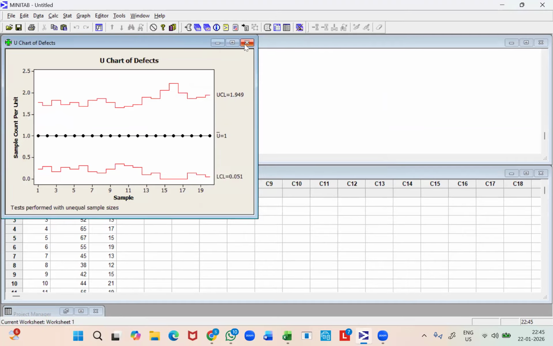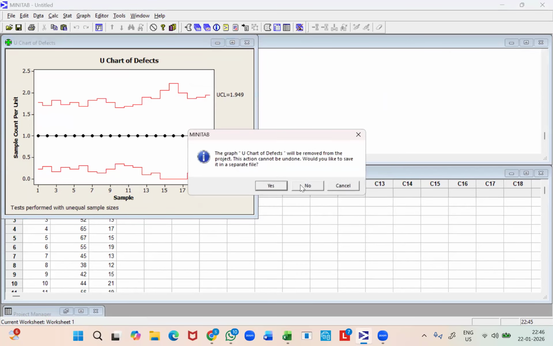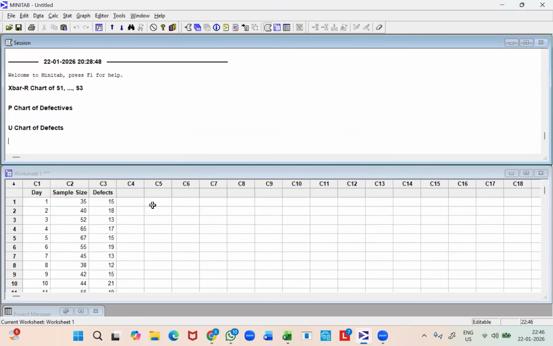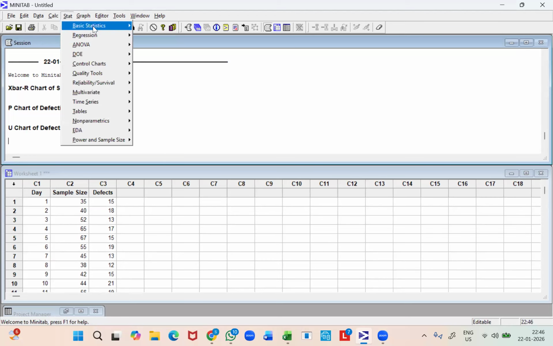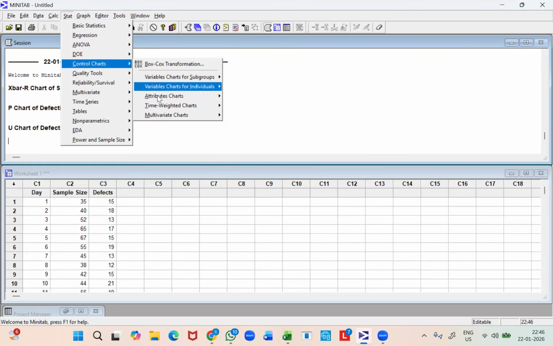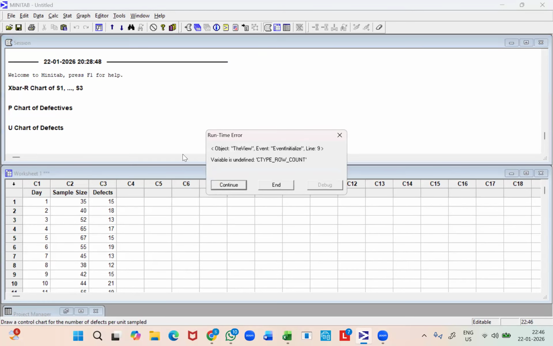There seems to be some issue with this. Control charts, attribute charts, then the U chart.